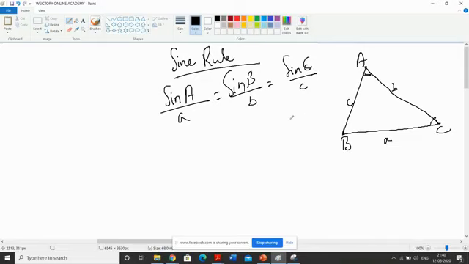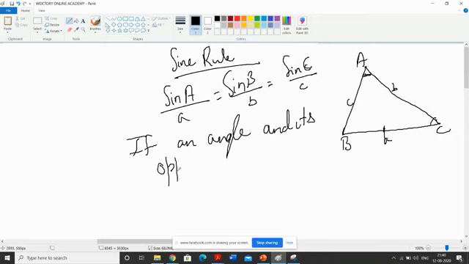When do we apply the sine rule? If an angle and its opposite side are given in the question, then we can apply the sine rule to find all other things, like all other angles.